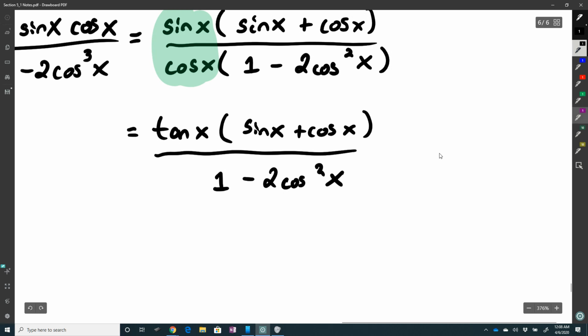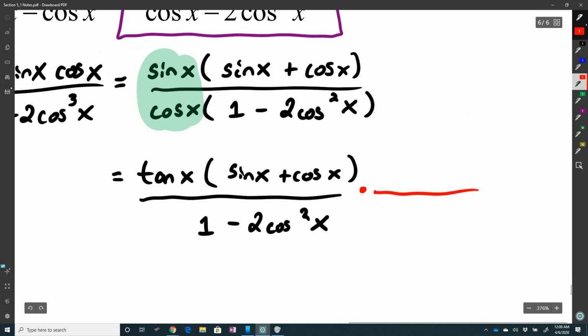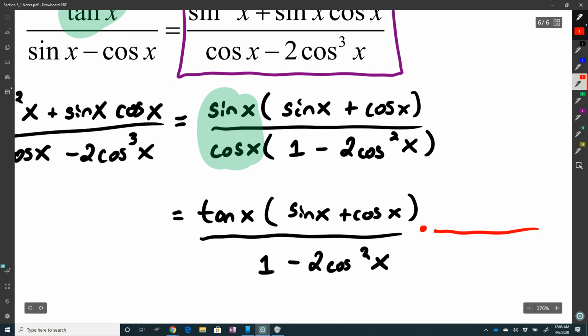But really all I could think of, and this is where we break the mold a bit. I worked on this before I did the lecture, so I know what to do. What I want to do is get sine x minus cosine x in the denominator. And notice that that's conveniently the conjugate of sine x plus cosine x. So I'm just going to add it to the denominator myself.